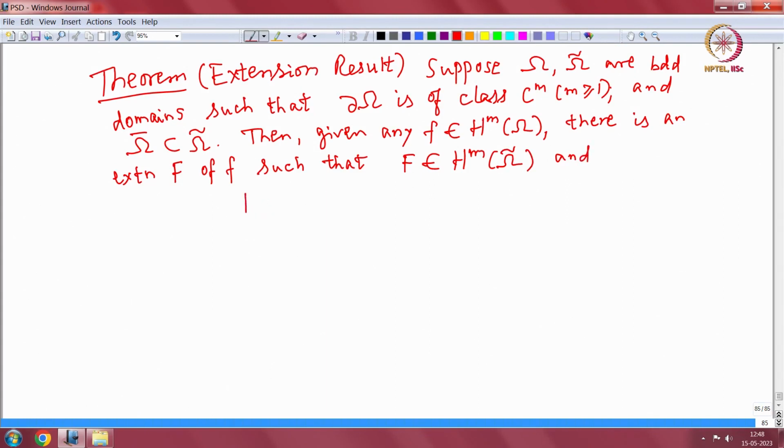So the Hm norm of F on omega tilde is less than a constant times the Hm norm of f on omega. This constant of course does not depend on a particular function, it depends only on the domains omega, omega tilde and other things, but not on the function. That's important.